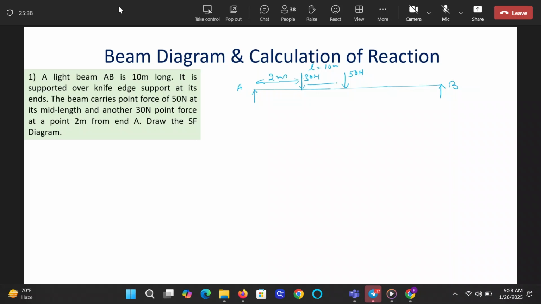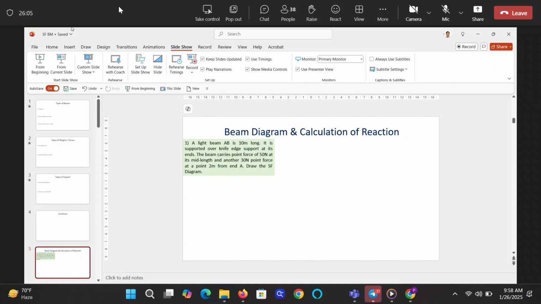It should have been closer to end A. Anyway, just a little bit of error in marking the 30 Newton force. Is this the diagram you made, guys? There are point forces, one at mid length, another 2 meters from end A, and you have point supports at end B. Let me make the correct diagram, since I'm just with the wrong diagram here.